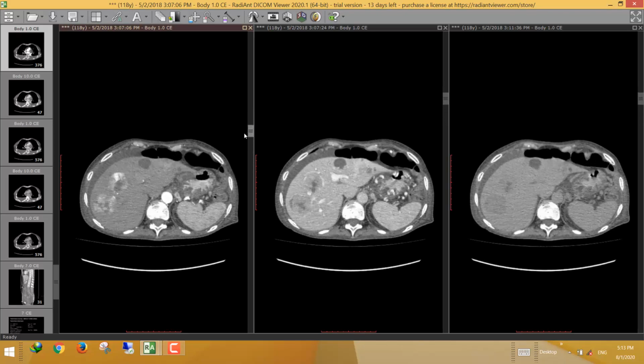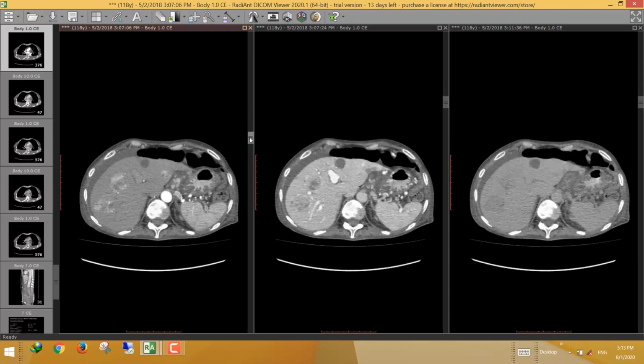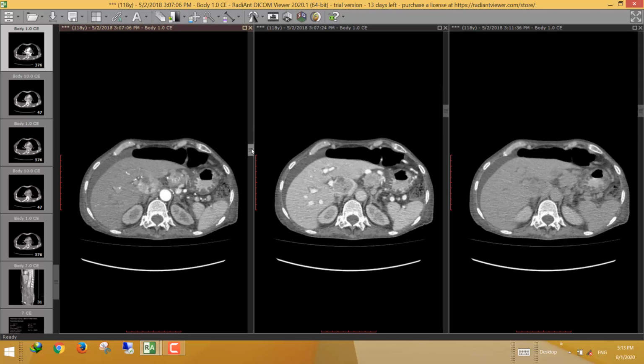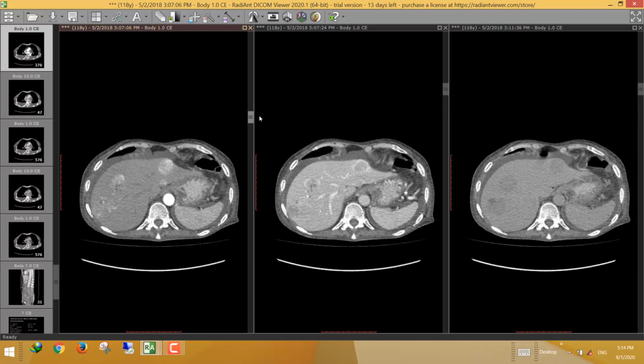So there are two reasons making the possibility of HCC less likely: the non-cirrhotic condition of the liver and the multiplicity of the lesions. So if we consider a metastatic process in such a lesion, we should consider something important, that the lesions here are hypervascular. If we consider a metastatic process, this is a hypervascular metastasis.